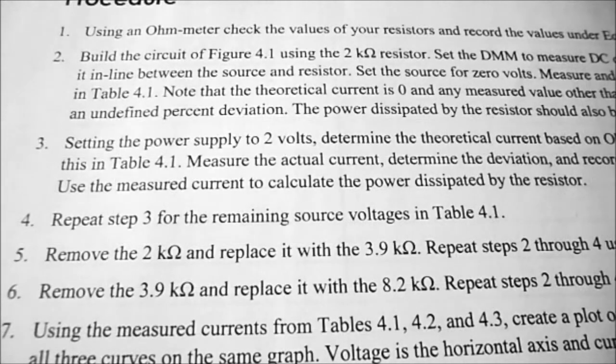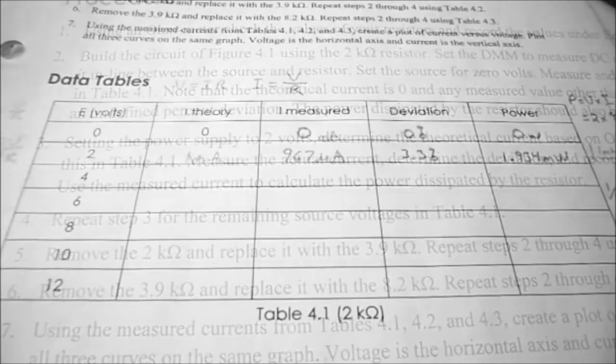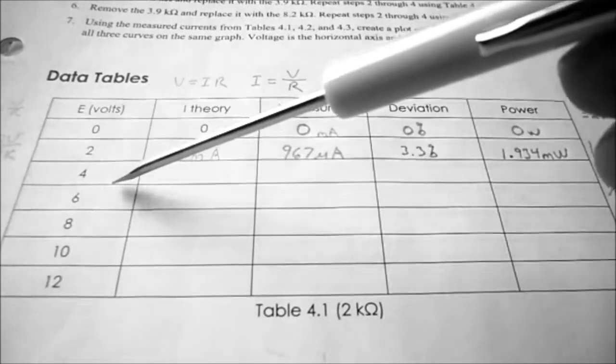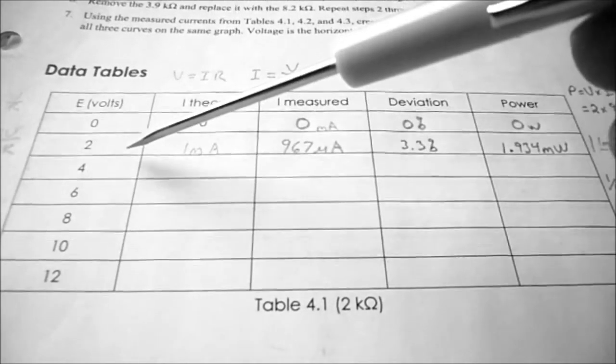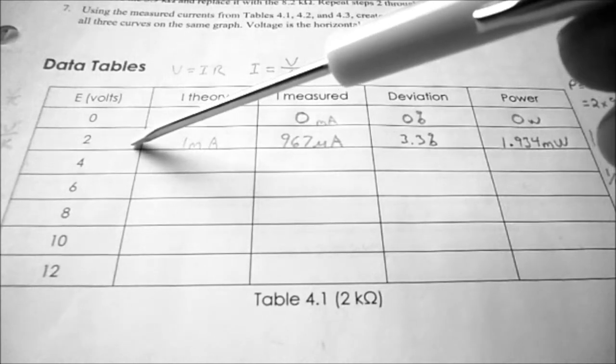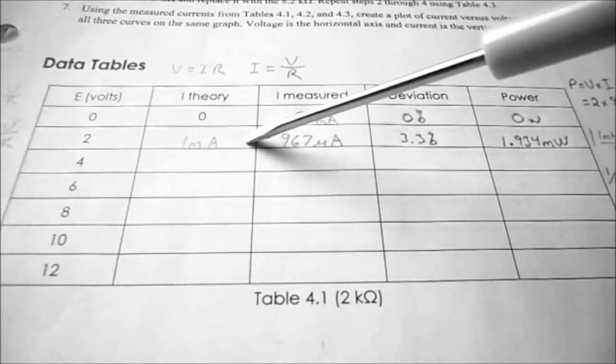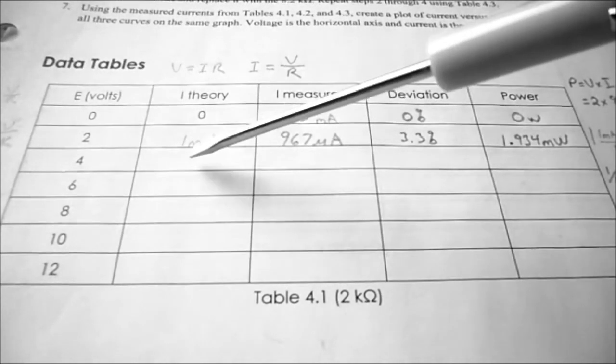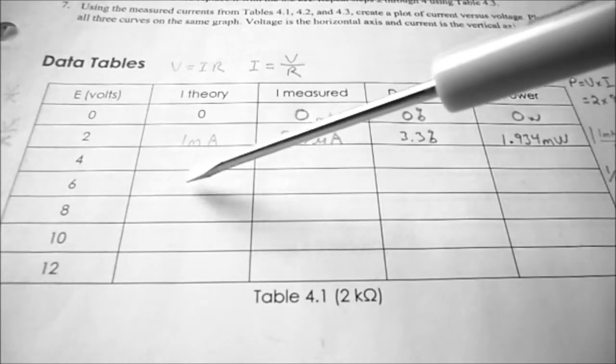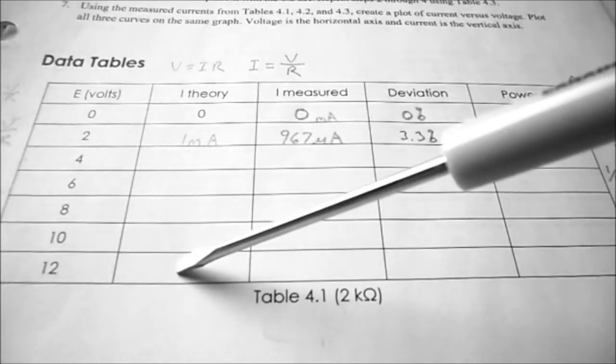Under procedure, step number 4, we're to repeat step 3 for the remaining source voltages in table 4.1. Now moving on to the other voltages in the table, I've already given you a complete demonstration of the calculations at 2 volts. I'm going to leave you to do the calculations for 4, 6, 8, 10, and 12 volts.